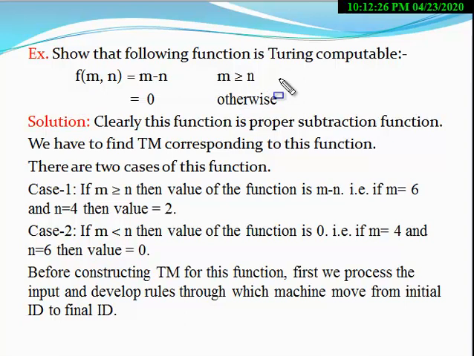According to the previous lecture, a function is Turing computable if you can construct a Turing machine which behaves like the function. So here you have to construct a Turing machine corresponding to this function. Clearly, this function is a proper subtraction function.